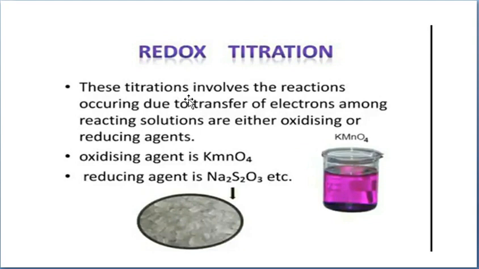There is a transfer of electron. This reaction involves transfer of electrons among the reacting solutions, which are either oxidizing or reducing agent. Okay, we have to consider only 2 points. Both oxidation and reduction take place simultaneously, and also there is a transfer of electron among the reacting solutions.